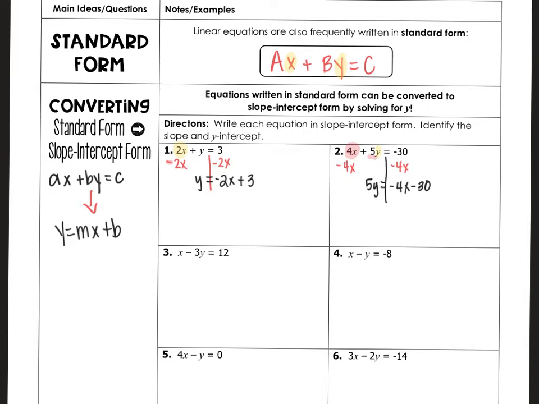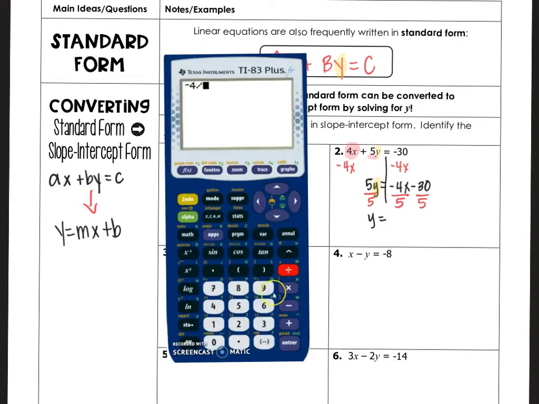Now I still have y on the left side, but it's not by itself. So I need to get rid of that 5 in front of it. That 5 is multiplying the y, so the opposite of multiplication is division. So I'm going to divide by 5, and I'm left with y equals, and then we'll go to our graphing calculator, negative 4 divided by 5, math, enter, enter.